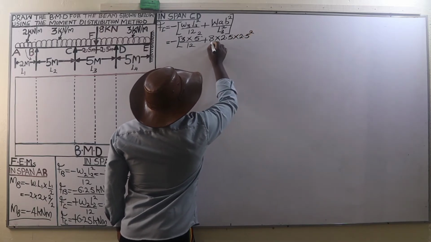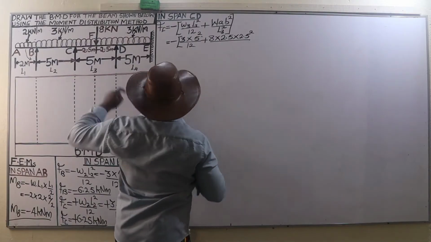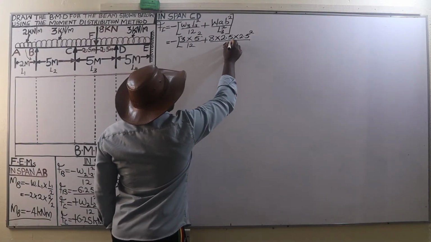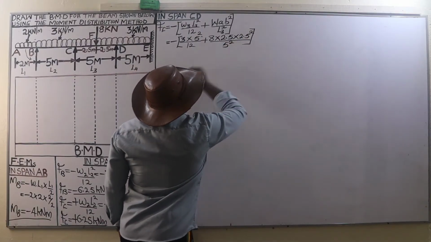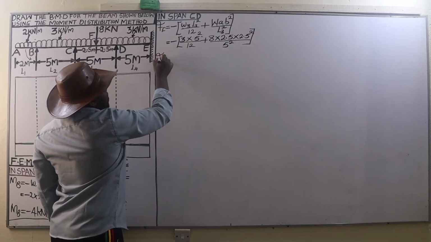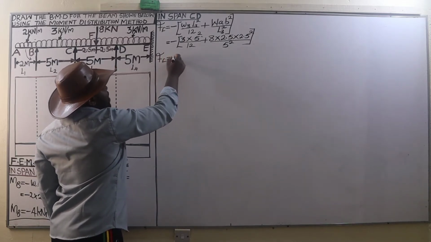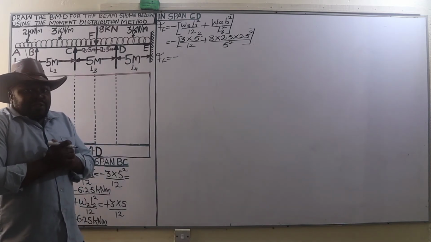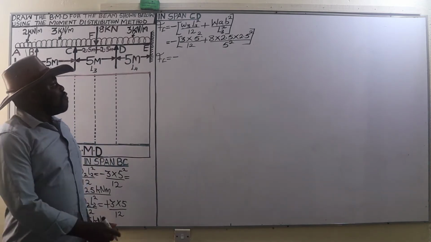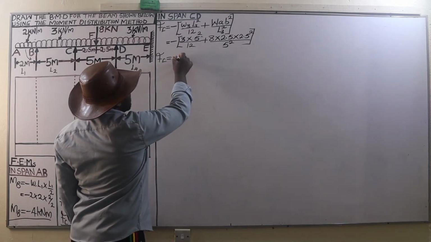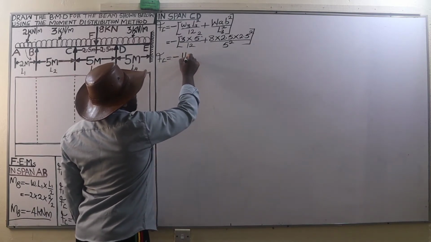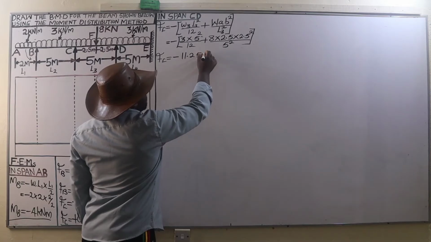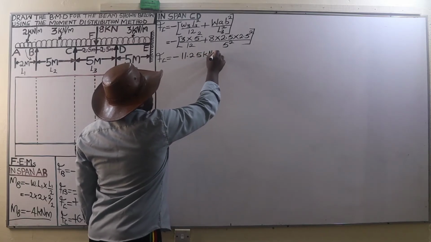We square it, and then we divide this by L3, which is 5, and then we square it. When we do so, we are going to get a fixed end moment at C being equal to 11.25. So the fixed end moment at C will be equivalent to negative 11.25 kilonewtons meter.